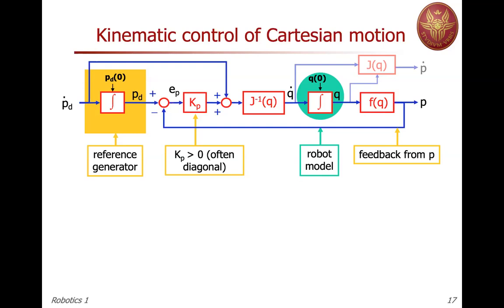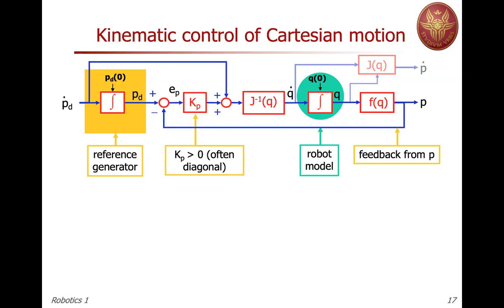So you have a P desired and a P desired dot coming out of the reference generator, which is now much simpler than before. And of course, in order to integrate the Cartesian velocity desired, you need to know where you would like to start from. So you have an initialization P desired of 0 in that yellow block.